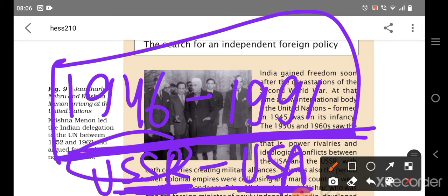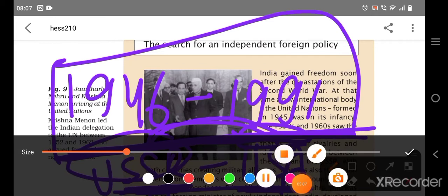The US would ask, why did you ally with USSR? And if Canada took support of USA, then USSR would fight with Canada: why did you take support of USA? Why are you allied with USA? This is how it was an indirect war between USSR and USA. They were not directly fighting with each other.